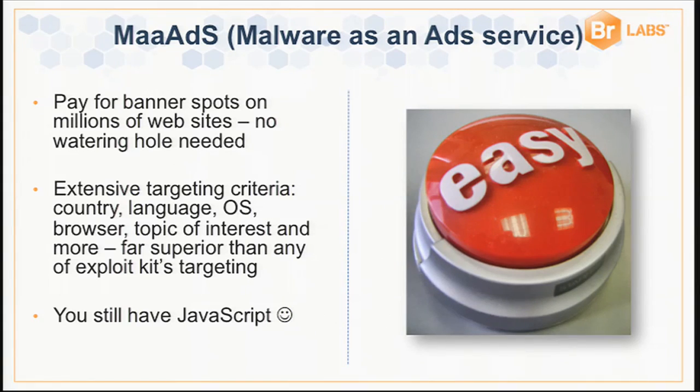And there are industry giants such as Google and Yahoo. They have a pretty decent security level, and there are very few malicious pages on their websites. However, there are thousands more advertisers with much more charitable conditions, and they all have pretty extensive targeting criteria, such as country, language, bits of search history.